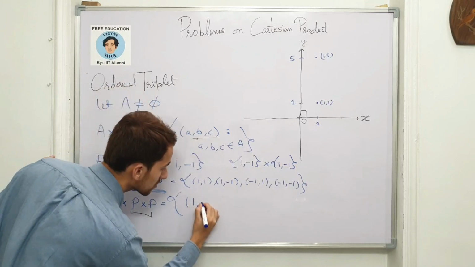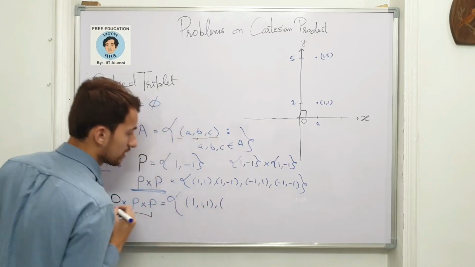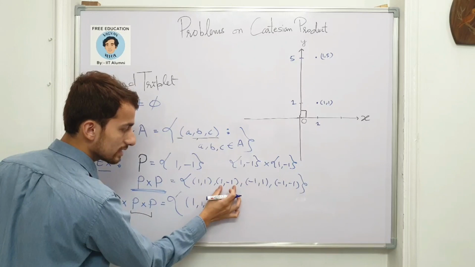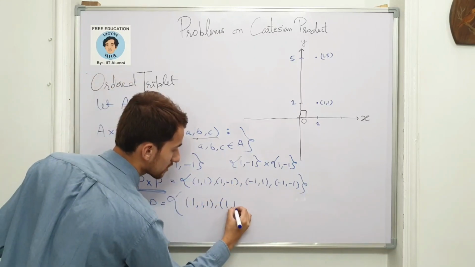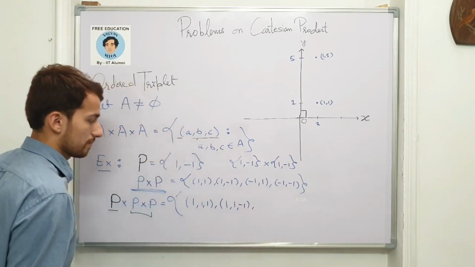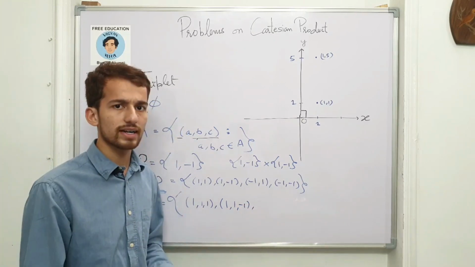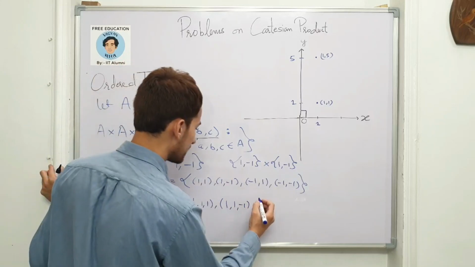So mark those elements. 1, 1. Now for this one, this is the second choice. Fix this one from here. Now take these two elements simultaneously. I hope you can now continue the process and easily find this triplet. I am now just writing it directly.